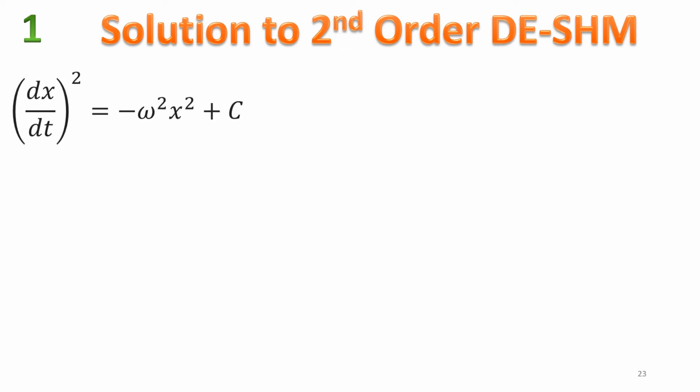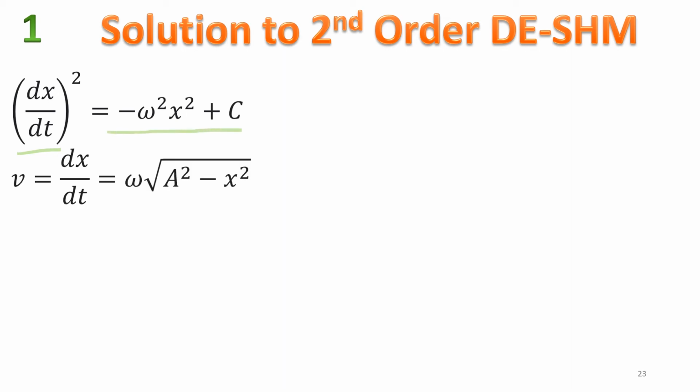Here in the attempt of solving the differential equation, we have velocity square, dx by dt square means velocity square, equal to minus omega square x square plus c, and velocity dx by dt, after resolving the constant of integration in terms of known quantities, we have that velocity equal to omega into under root of a square minus x square. Now this is again a differential equation of first order which is yet not solved.